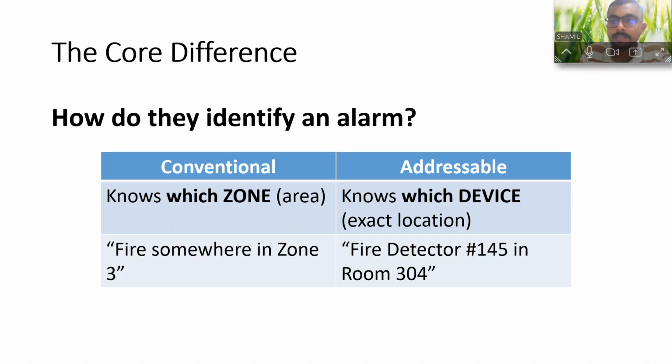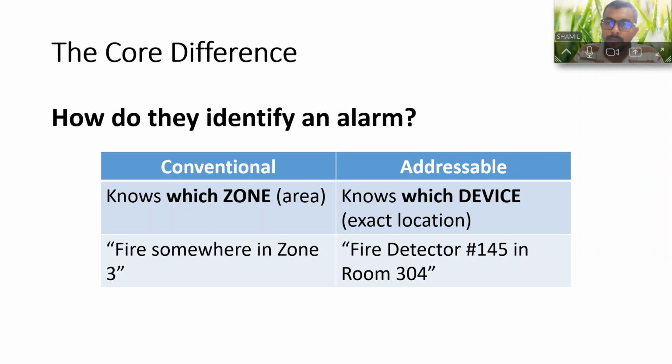Whereas an addressable system will give you the specific location and the specific device which got triggered, so that the responders can easily locate that device. They just need to go to that location directly instead of searching for that particular device.